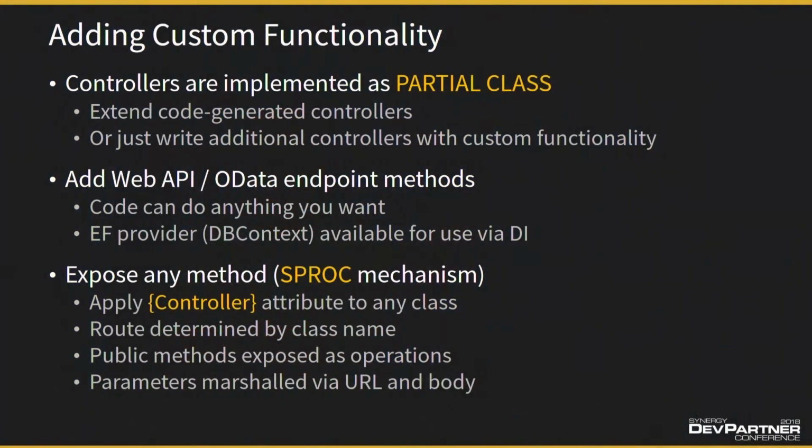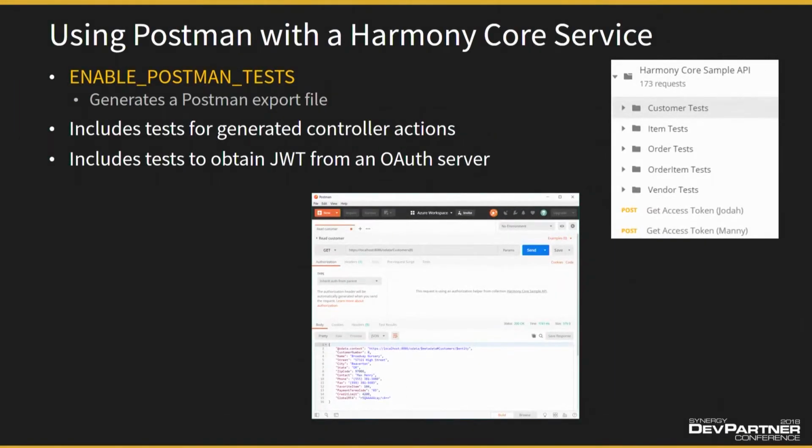You just add the controller attribute to any old class, and we will expose public methods that are in that class. So it's one way of exposing possibly existing code, although this is .NET in process code that we're talking about here. And then remember, there's the other mechanism to use SSH to go out to traditional Synergy, which I'm not going to particularly talk about in this presentation.